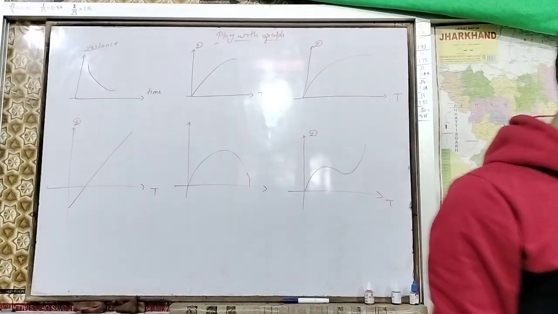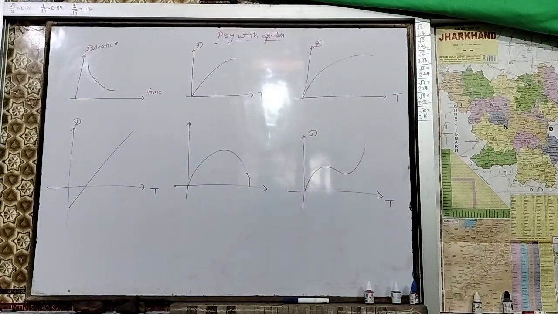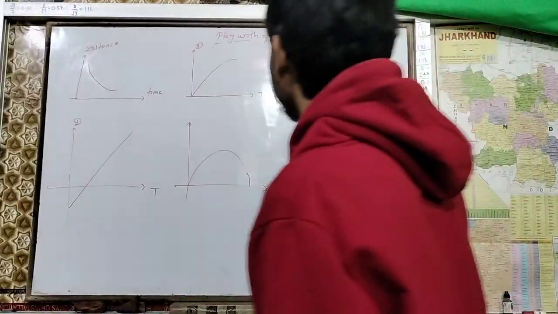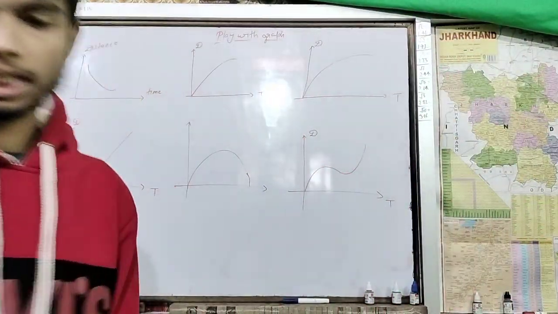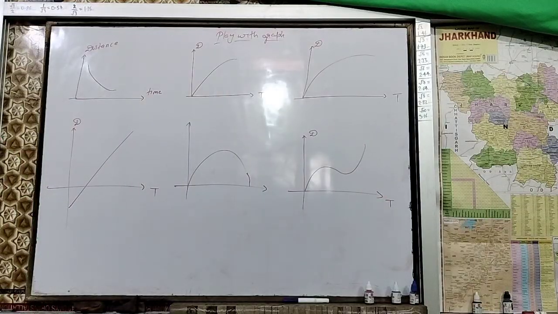These are some graphs. There are six graphs of dt.